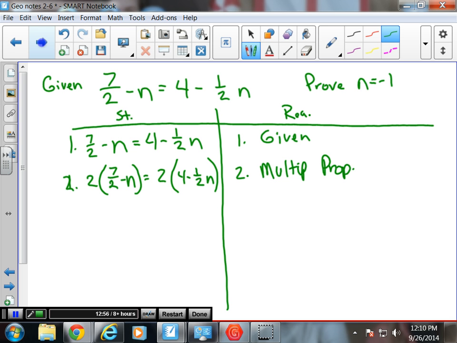The multiplication property says whatever I multiply to one side, I can multiply to the other. So I'm going to go ahead and distribute this. I get 7 minus 2n equals 8 minus n. I told you I'm going to distribute it, so this has to be the distributive property.